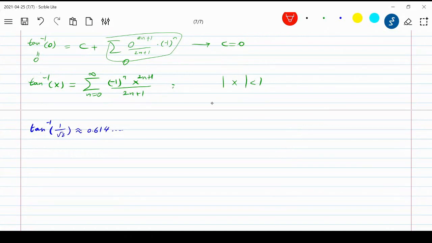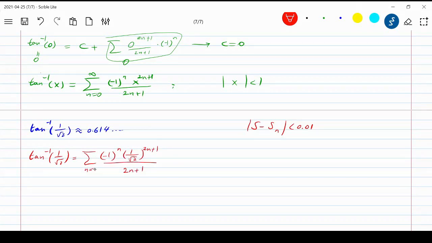That means if I want to have 2 decimal accuracy, I want the difference of s minus sn to be less than 0.01. And what is s and sn? S is the convergence of the summation, because we know that now tan inverse of 1 over root 2 is exactly the same as calculating the summation of (-1)^n, instead of x, we have 1 over root 2, (1 over root 2)^(2n+1), divided by 2n plus 1, as n starts from 0 to infinity.